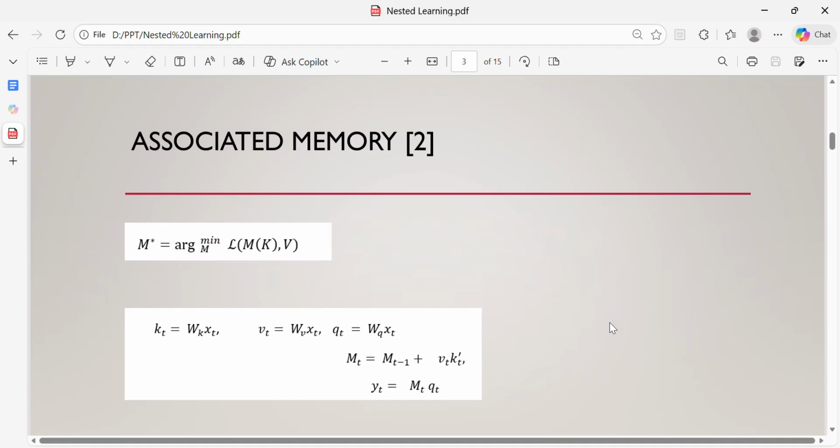Associative memory. So for each key there is a value. What is an associative memory like? You are going to be given the keys. Say for example, in a neural network, somebody gives a key, say a place called the Taj Mahal.